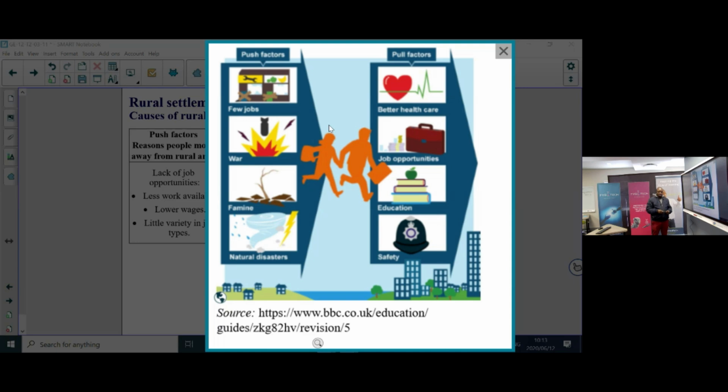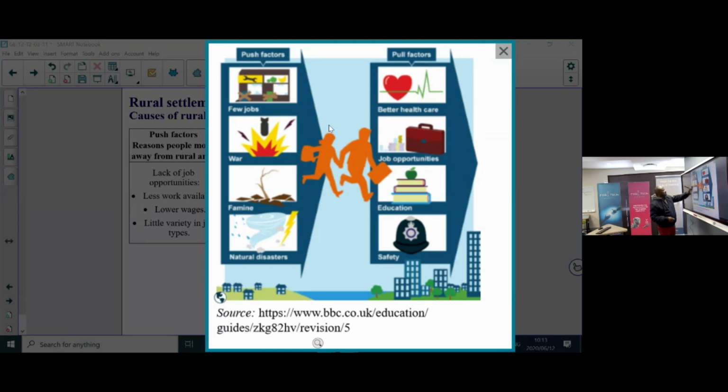Then we've got natural disasters. There are not many rapid response programs to disasters in the rural areas. So people might suffer a lot from flooding. They suffer a lot from natural disasters. It might be earthquakes in other regions of the world, and people don't get much help like the people in the cities. And then what are the pull factors here?